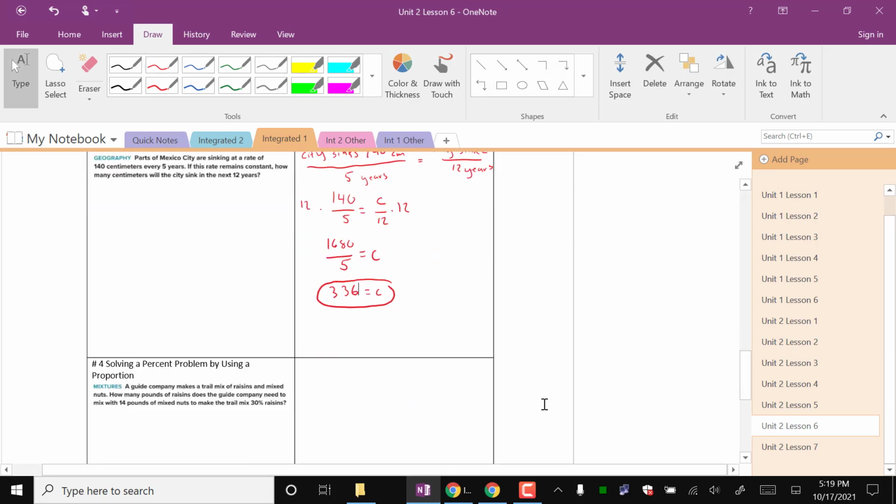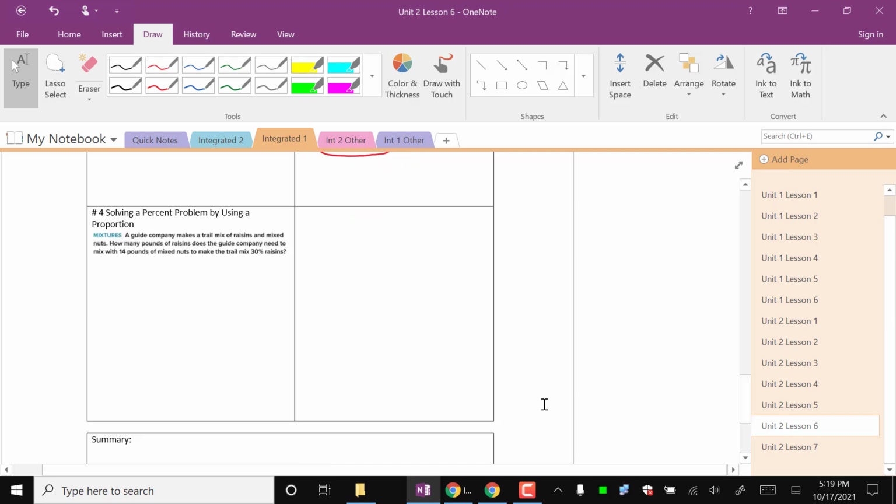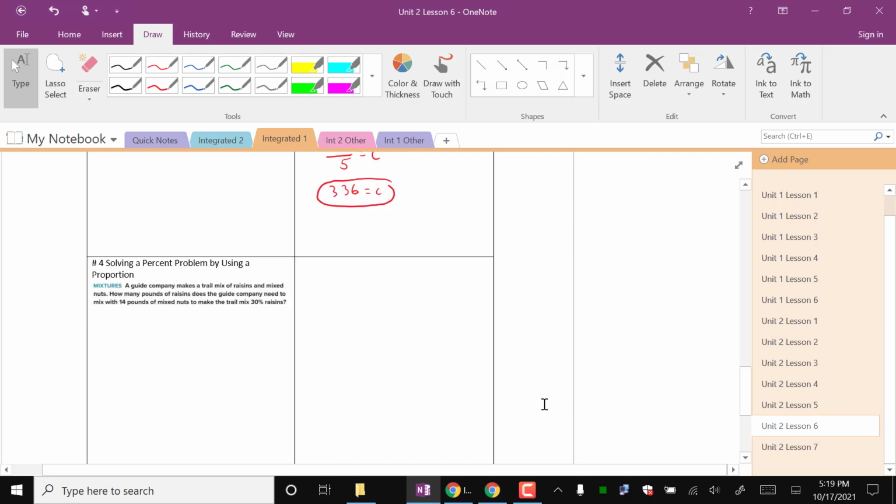And then we're going to take a look at our last example. For our last example, a guide company makes a trail mix of raisins and mixed nuts. How many pounds of raisins does the guide company need to mix with 14 pounds of mixed nuts? So let's go ahead and start this out. We have raisins over trail mix.